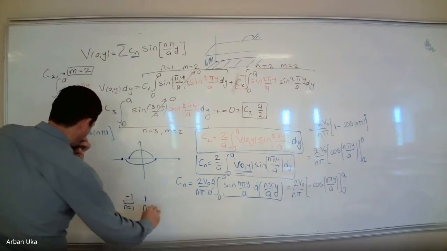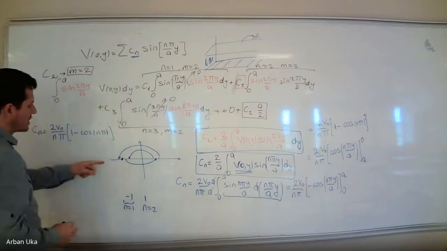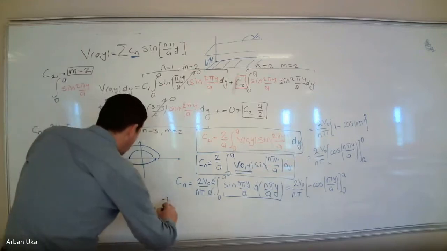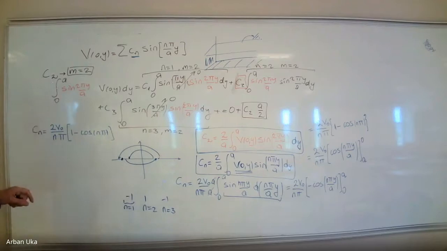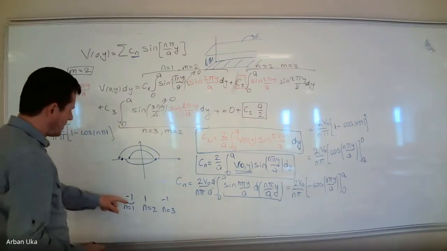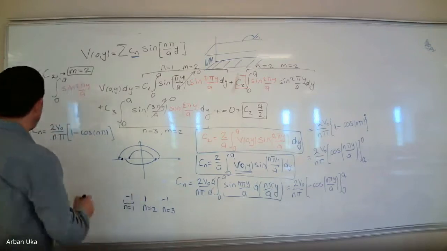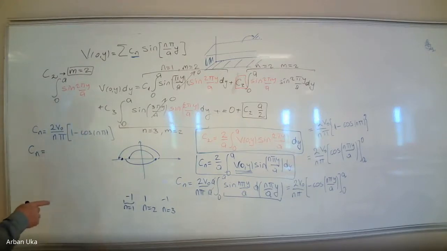Then when n is 3, cosine 3 pi is -1 again. So it looks like it is -1 when n is odd and 1 when n is even, which means that Cn, if n is odd, we get 1 minus -1, we get 2.